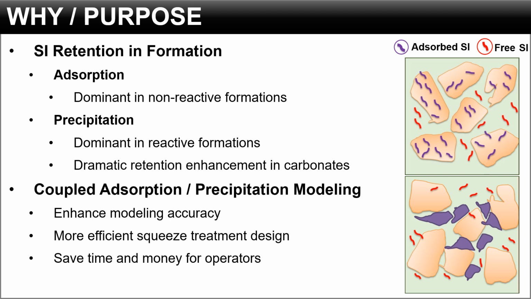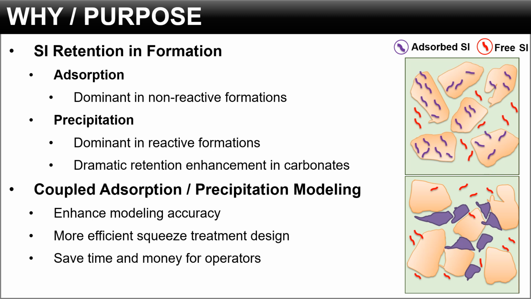The other mechanism is precipitation, which usually occurs in reactive formations like carbonates, in which an acceptable level of divalent cations exists. In the precipitation mechanism, the scale inhibitor molecules are coupled and bound to divalent cations like calcium and magnesium, and will be precipitated in the formation.